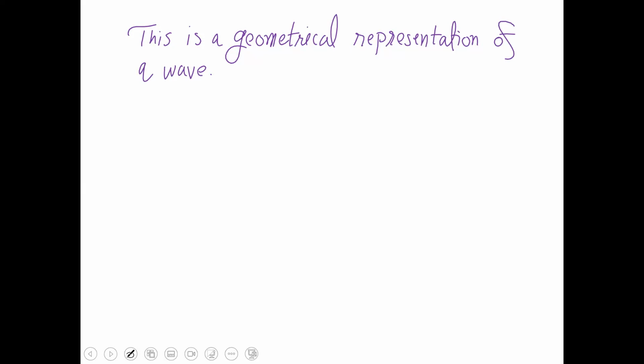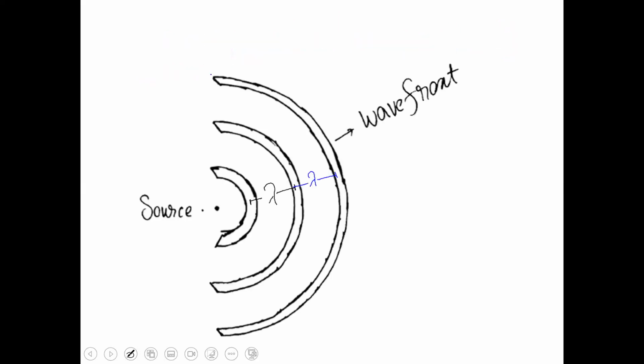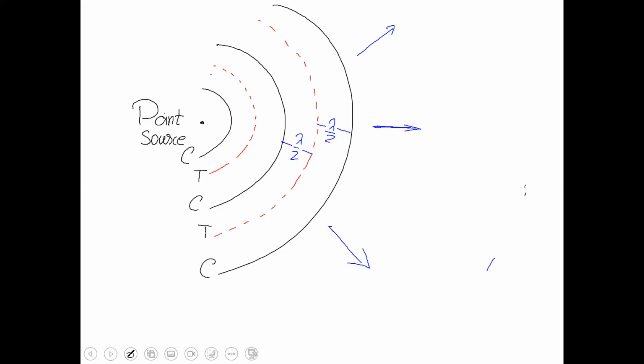So when you draw lines in an electric field, this is a geometrical representation. So this is a geometrical representation of a wave like this. So now you have to copy this.